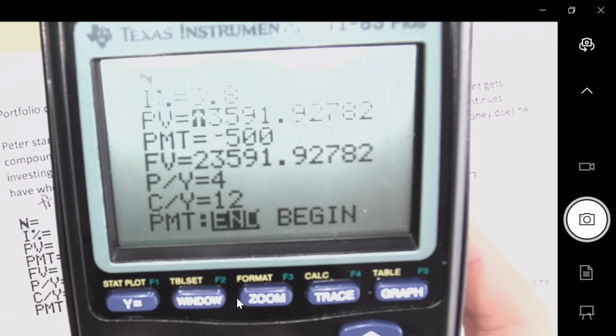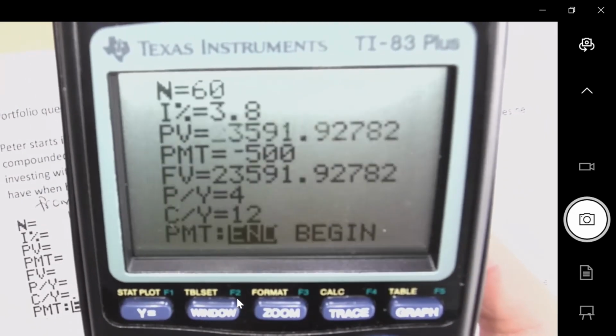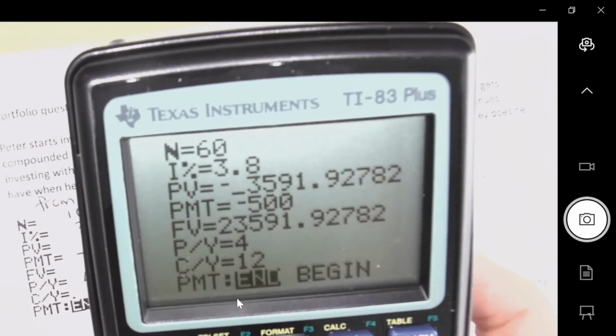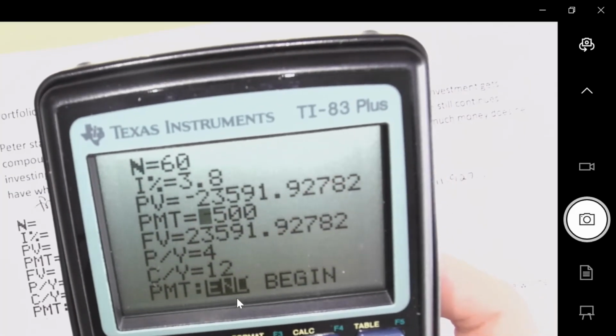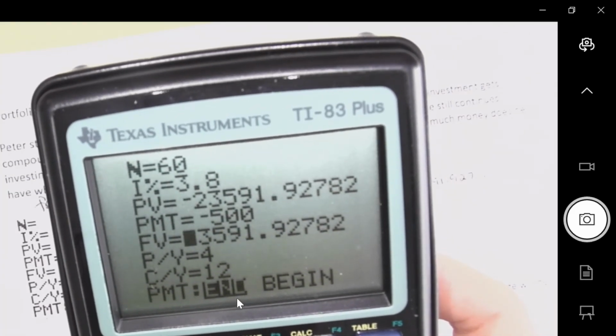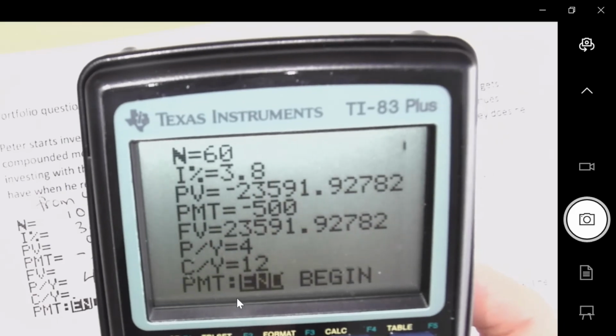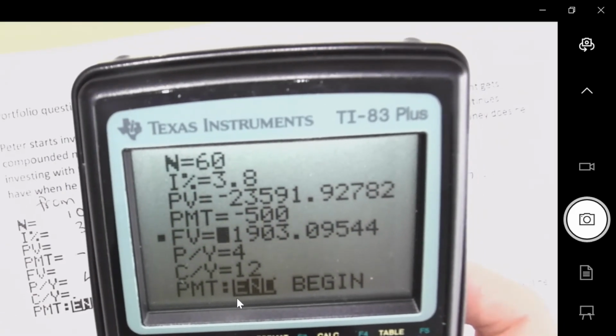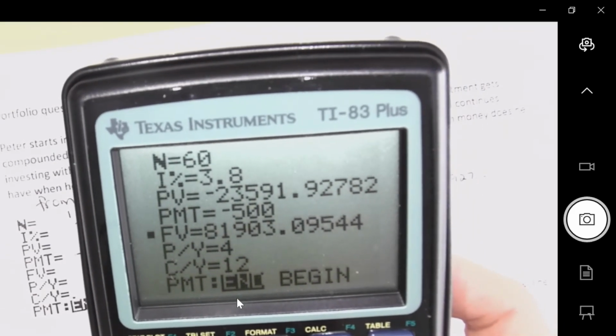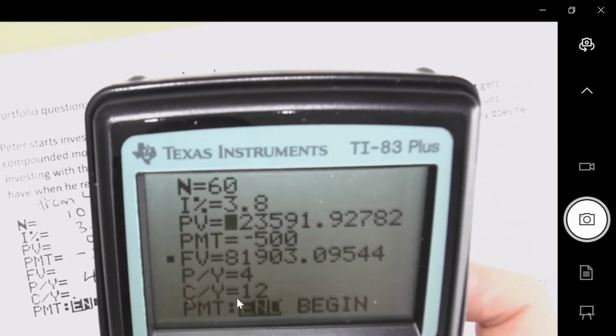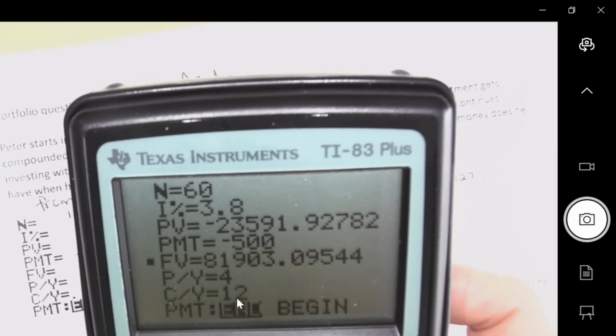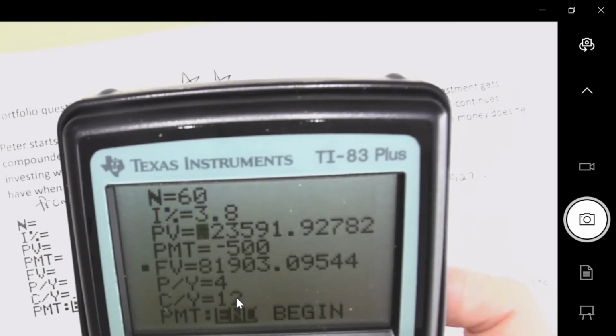So I'm going to go second delete so that I can put a negative in front of that. Did everyone find that button? Second delete means you can go in and insert something.